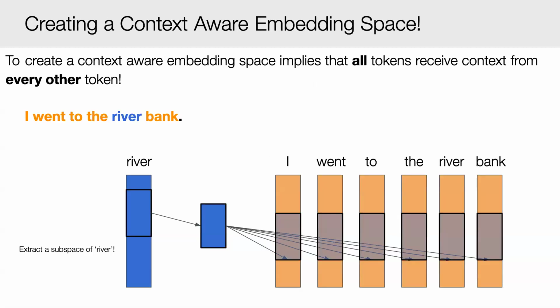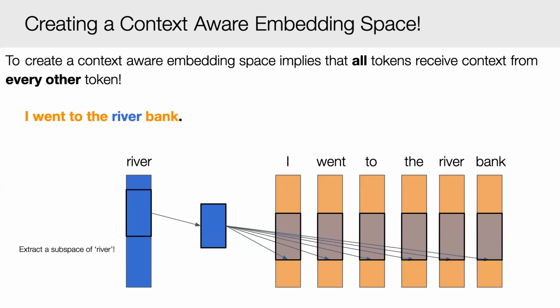So basically, in this case, we had river just pass its embedding to bank, right? But we want to create contextually aware embeddings. So we want river to send its information to all the words in our sentence, not just bank, because that's what being aware of context is.